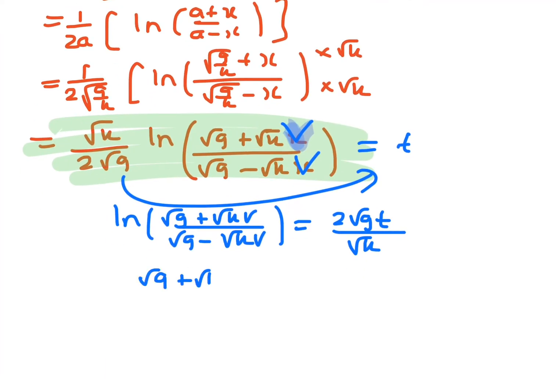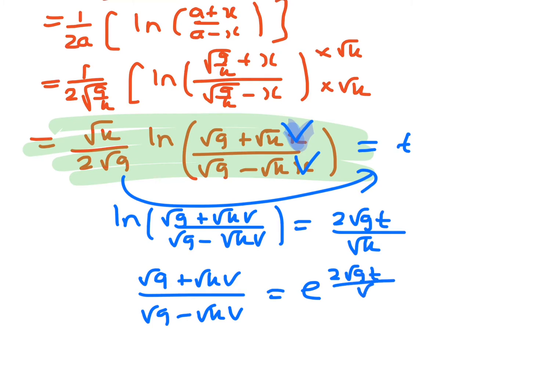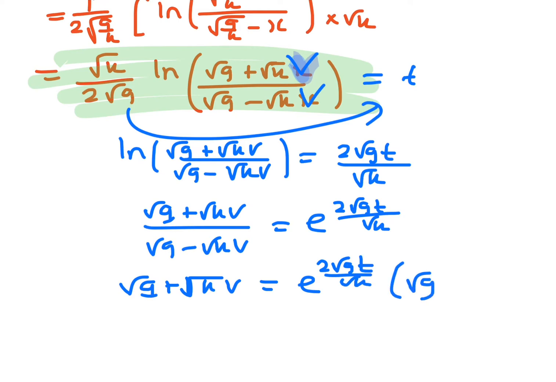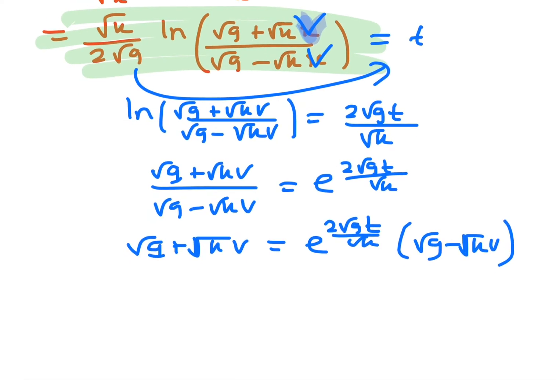So root g plus root kv over root g minus root kv equals e to the 2 root g t on root k. Lots of fun here. And then we're going to try and get root g plus root kv equals e to the 2 root g t on root k times root g minus root kv.